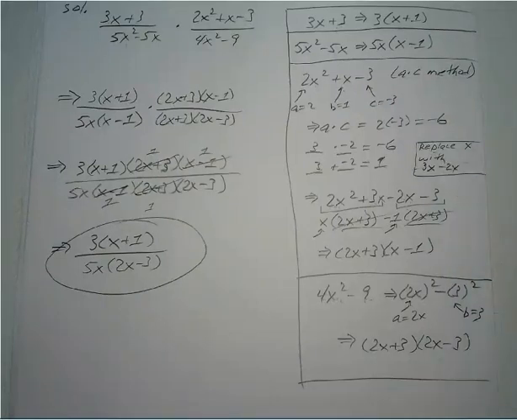But once you get past the factoring part of it, it's pretty much just a matter of canceling out. Alright, so hopefully that made sense. So we're going to try another example. If you're still writing, feel free to press pause.